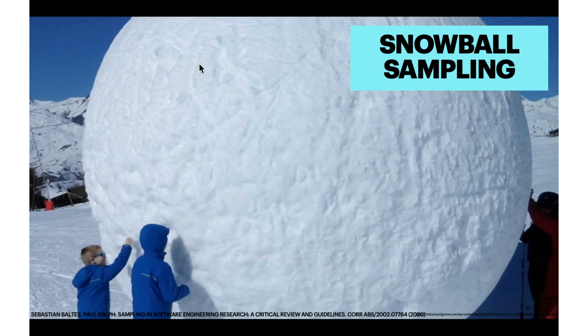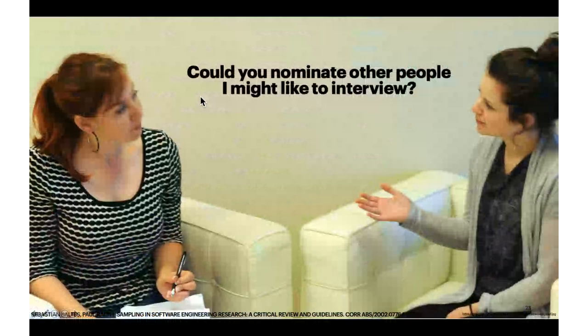Essentially, this typically means that during the interview, you ask your interviewee whether you can nominate other people that the interviewer might like to interview. But of course, it's not necessarily the case that we are studying human beings. Maybe we would like to study libraries, or maybe we would like to study scientific papers.